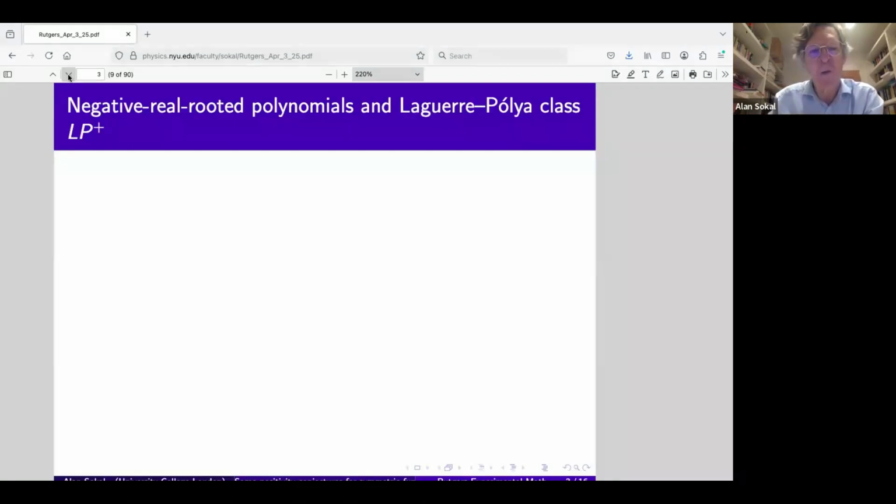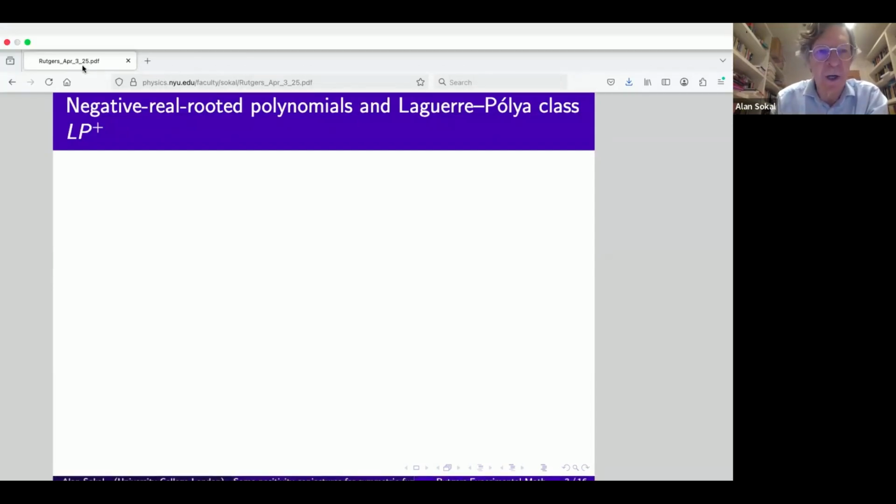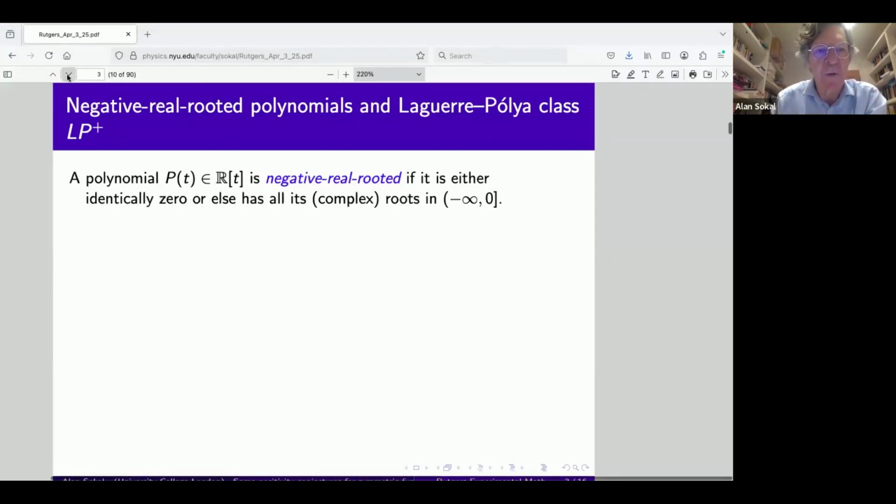So I'm going to start with something from classical analysis, negative real-rooted polynomials, and the related Laguerre-Polya class of entire functions. So let's start with negative real-rooted polynomials. A polynomial in one variable with real coefficients is called negative real-rooted if all of its roots, by which I mean its complex roots, actually lie on the negative real axis, including 0 is allowed.